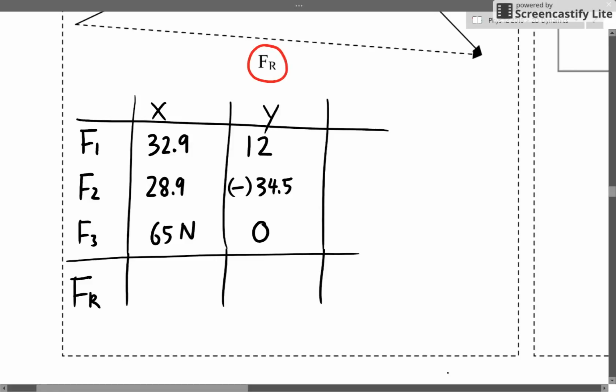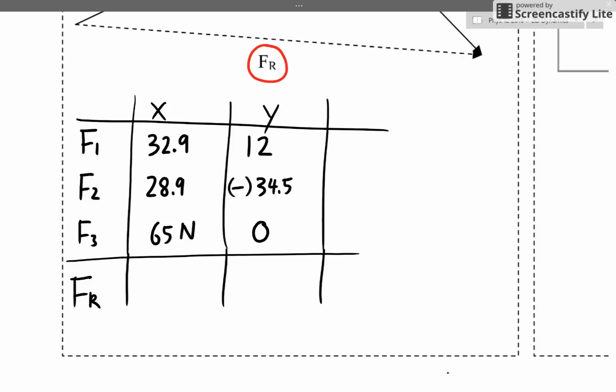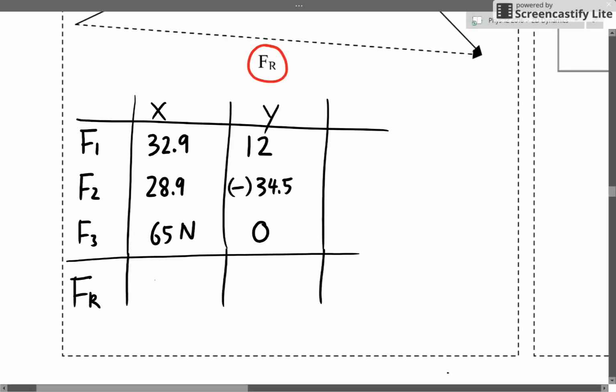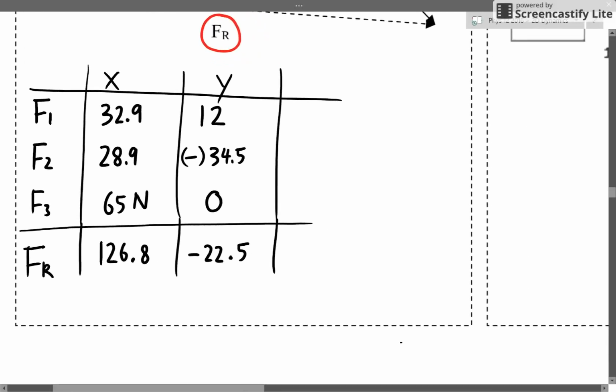So now we just add it all up. If you add it all up, we will get 126.8 for x, negative 22.5 for y.